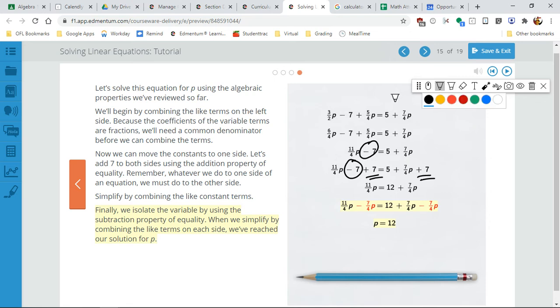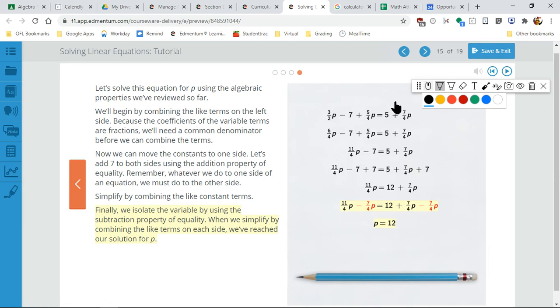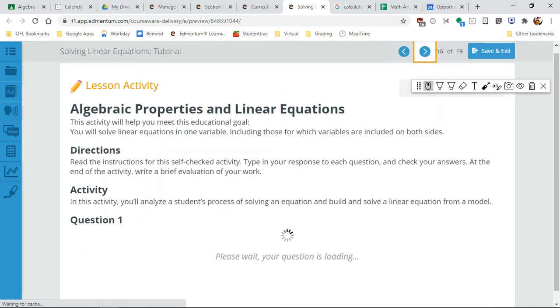They did, they skipped a lot, actually. What's happening here is they forgot to put 4p divided by 4 equals 12. So this would be p equals 12. They did get the answer, but I feel like they forgot to do the simplifying, even though they were stressing simplification. So let's get on with this.